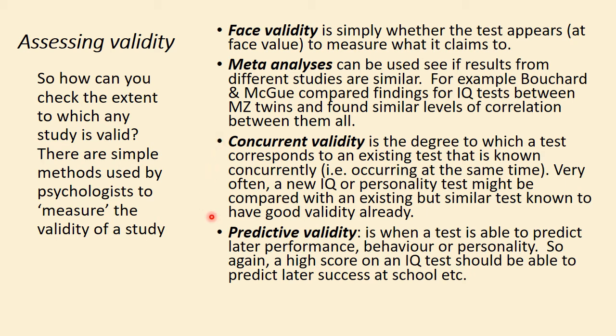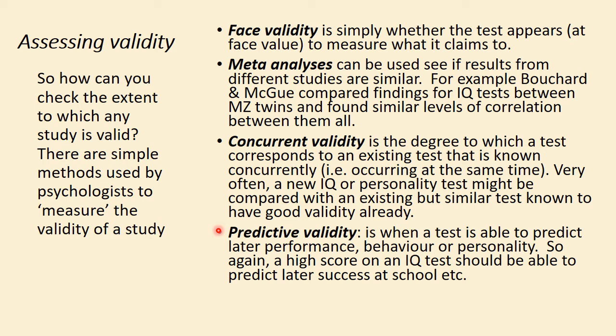And finally, number 4, predictive validity. Again, back on the IQ test example, predictive validity is, does our test predict future performance on something? So, for instance, if it was an IQ test and you score high on it, we should be able to predict that you will do well in exams or at university or something like that.